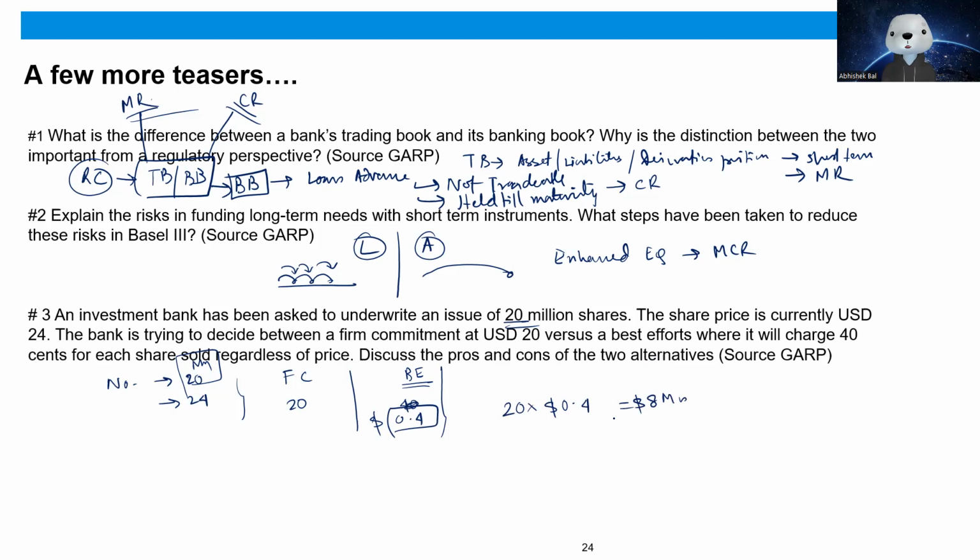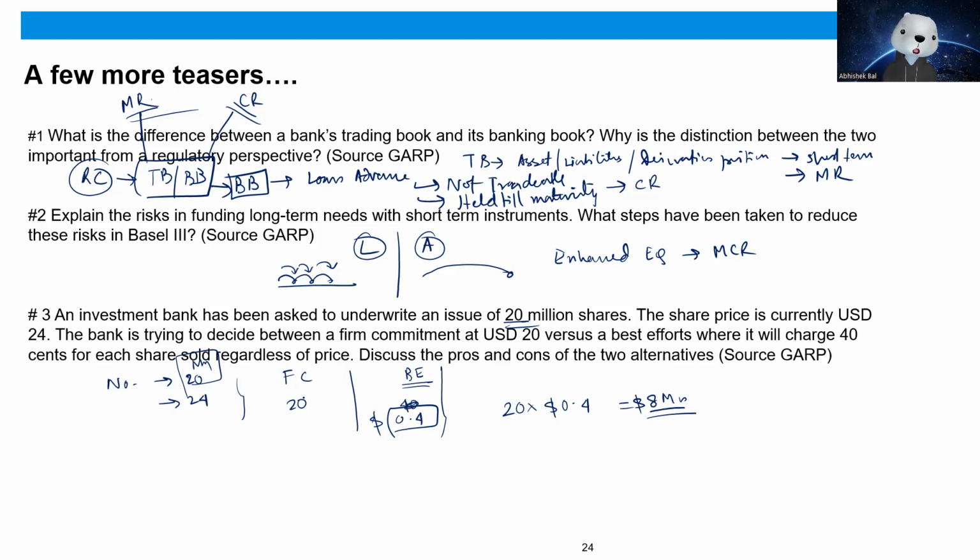Now, this revenue is a hard cash revenue that this investment bank is going to earn. It could care less what happens with the IPO, how the issue is subscribed or not subscribed, where the listing price is. Eventually, it is still going to walk away with $8 million. In other words, it does not participate in the profit or the loss of it.